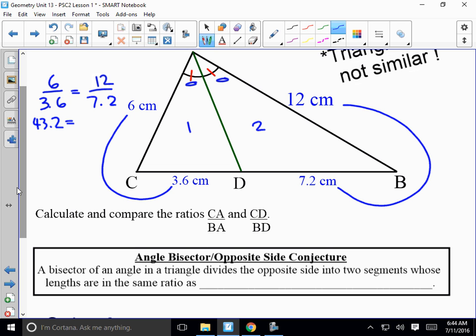And 3.6 times 12 is also 43.2. So we know that we have this comparison ratio that works.